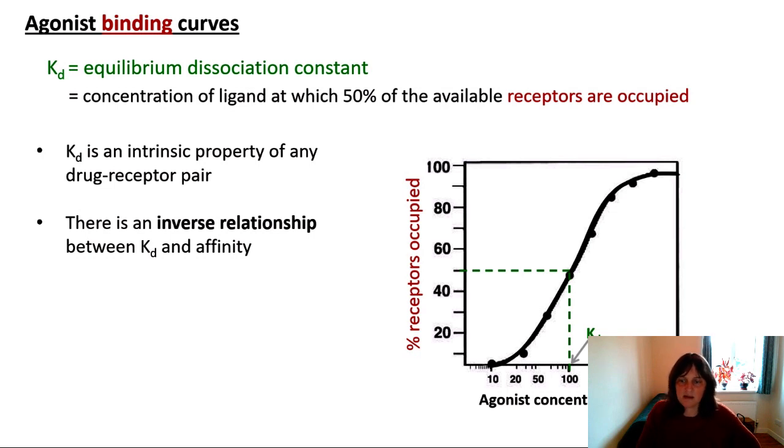Then you go down to the x-axis, you read off here that this drug receptor pair has got a KD of around 100 millimolar. So that's how you read your KD value. And you can use the reading of the KD value to calculate or to measure the affinity of a drug.